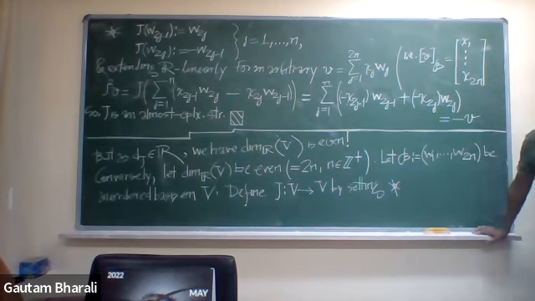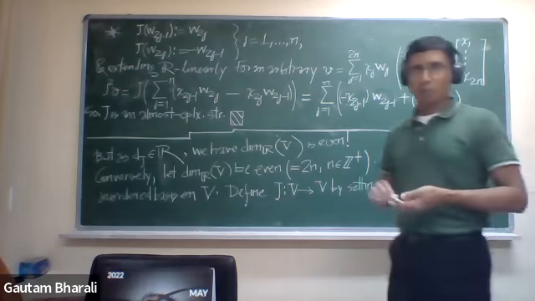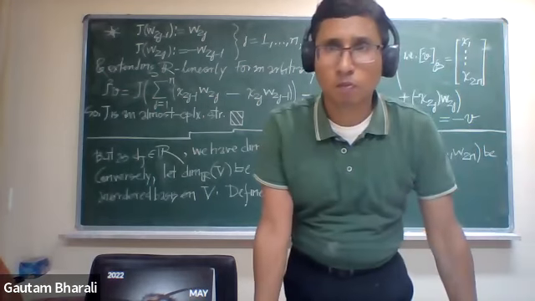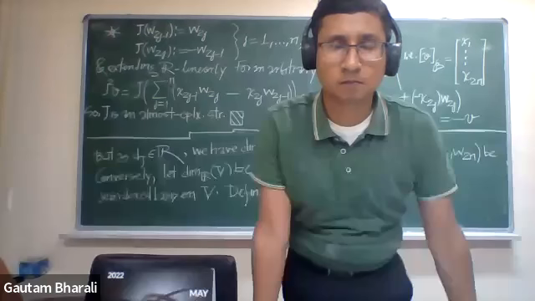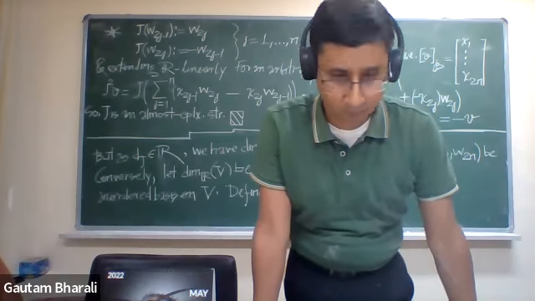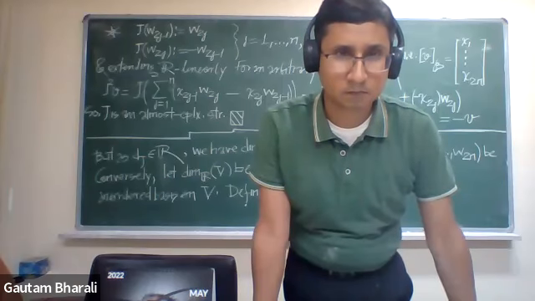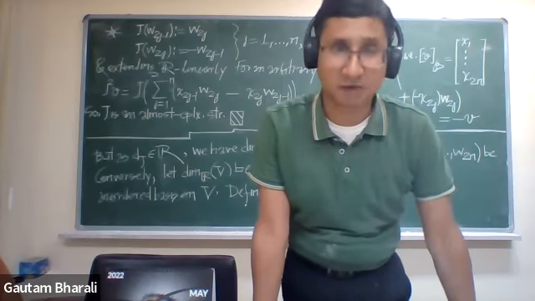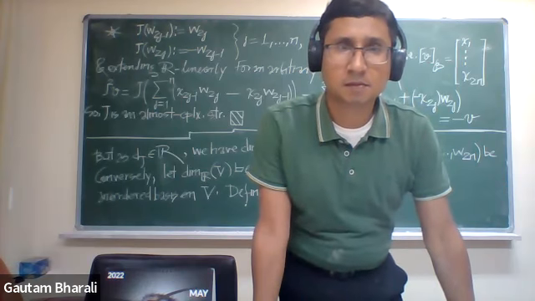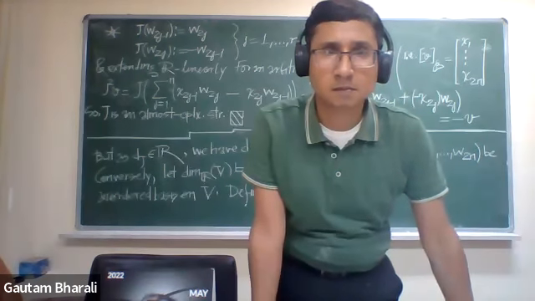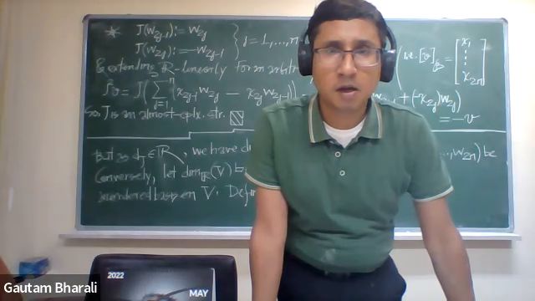Okay, so I'll step aside for you to absorb this for a few moments, and then I'm going to erase the board. Sir, from this theorem, we can say that if n is an odd integer, then there exists no square matrix whose square is minus I. That is right. Can we just go directly without using this stuff?